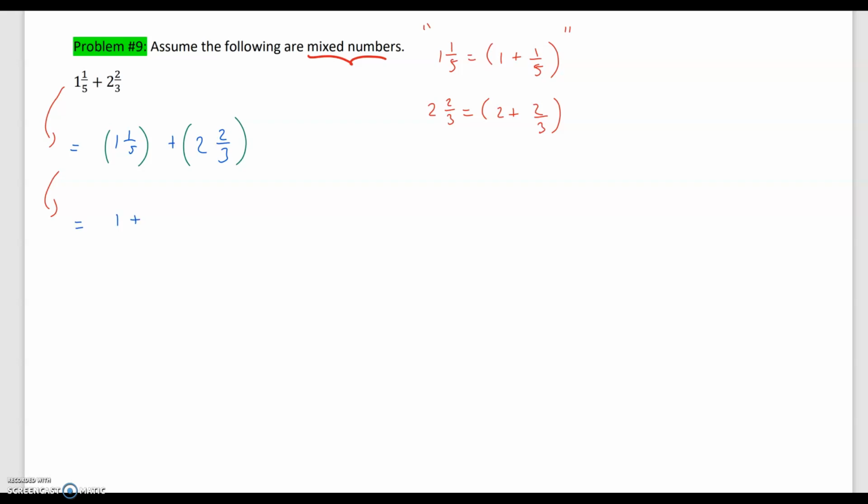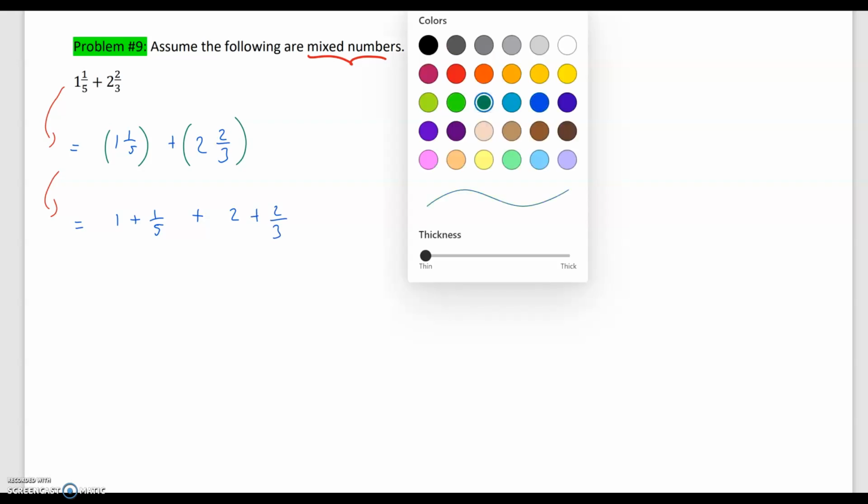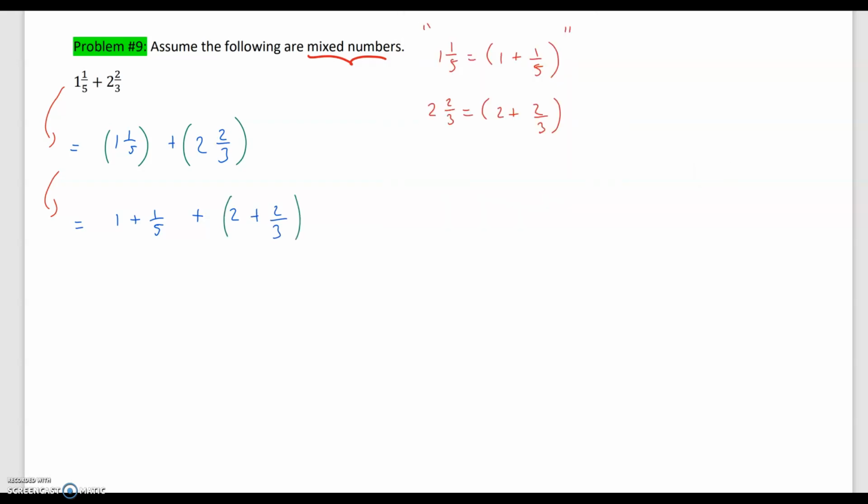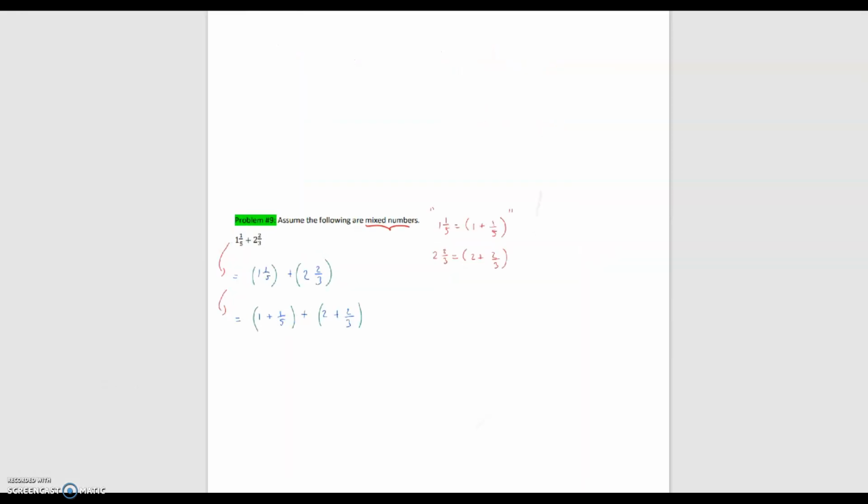So this will be 1 plus 1/5 plus 2 and the 2/3. And let me just add the set of parentheses there. Like I said, this will be needed on a subtraction. Also, there's nothing outside of that parenthesis, so you could just drop them.